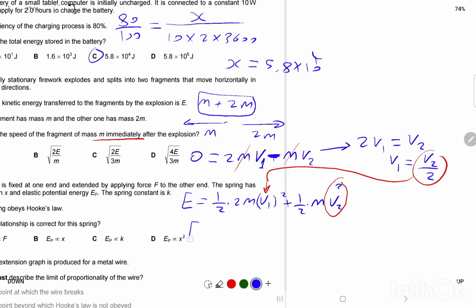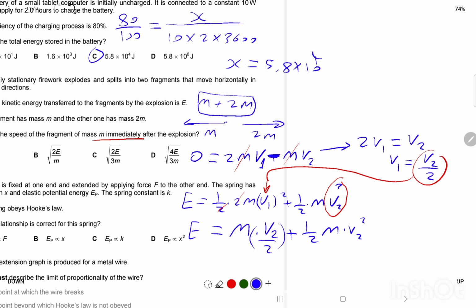So for kinetic energy, half times 2 is cancelled, so you can cancel here 2 and 2. Mass times velocity, so you can see mass times v2 over 2, plus half times mass times v2 squared.